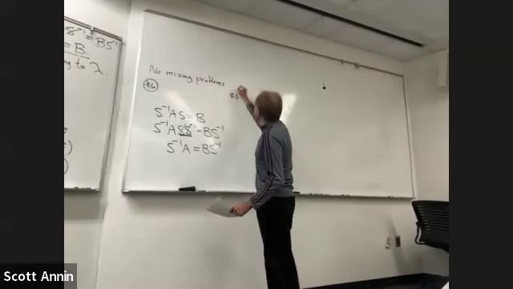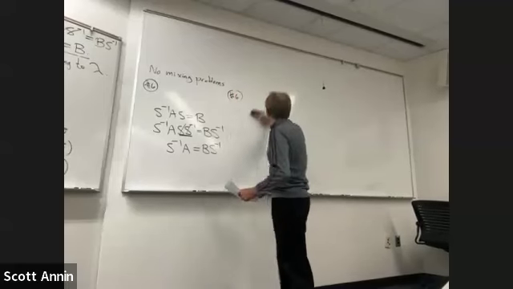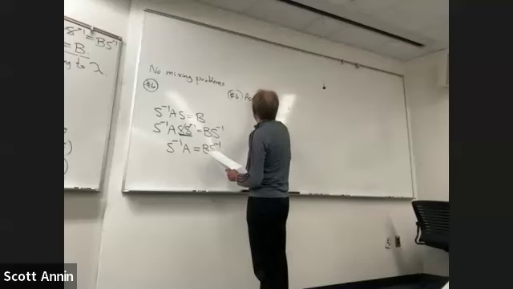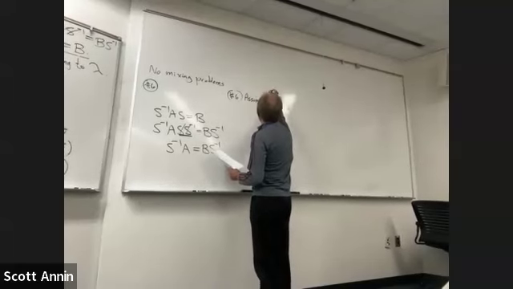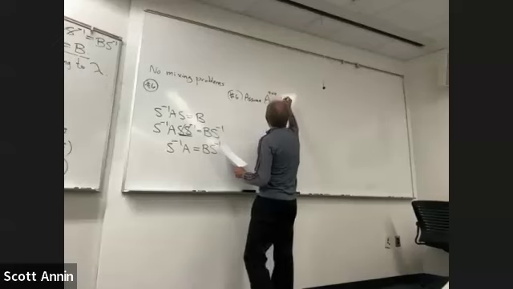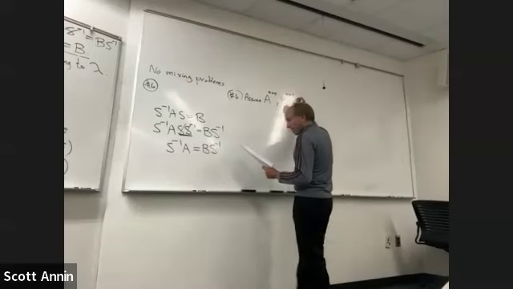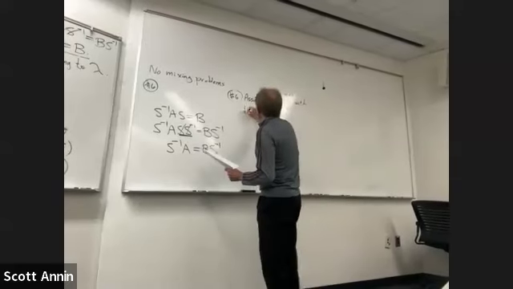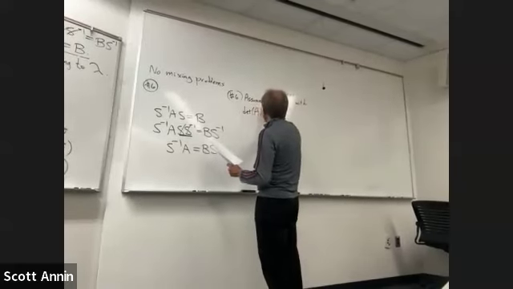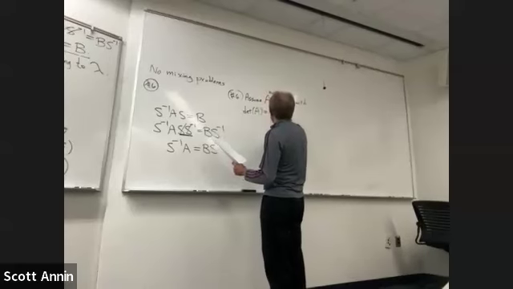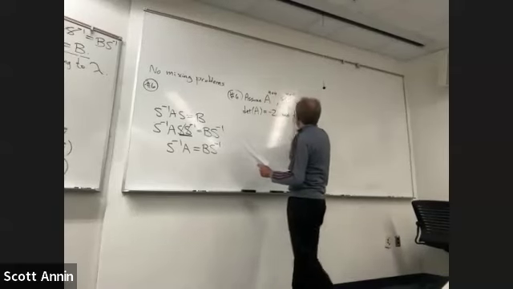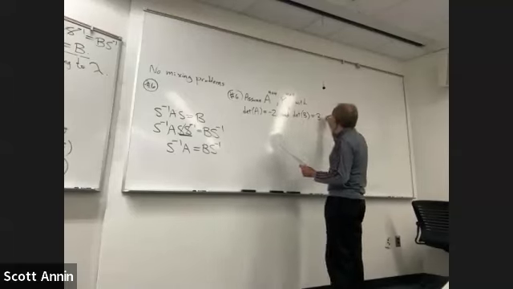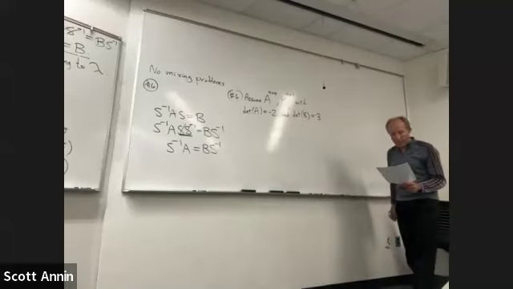Okay, so let's try again. I'm gonna jump a little bit more around here, guys. Let's assume that A is 4 by 4 and B is 4 by 4, with the determinant of A equal to -2 and the determinant of B equal to 3.